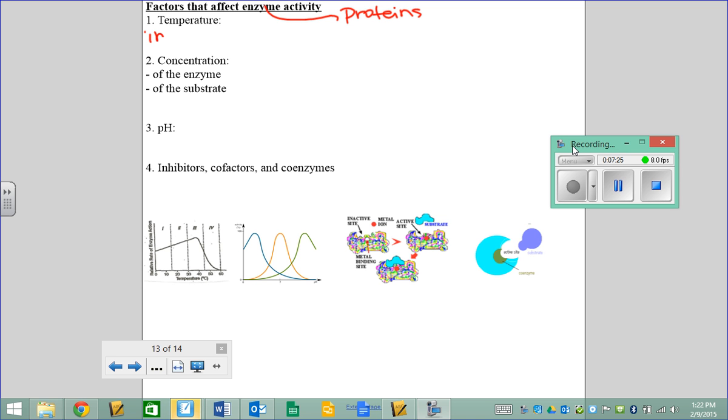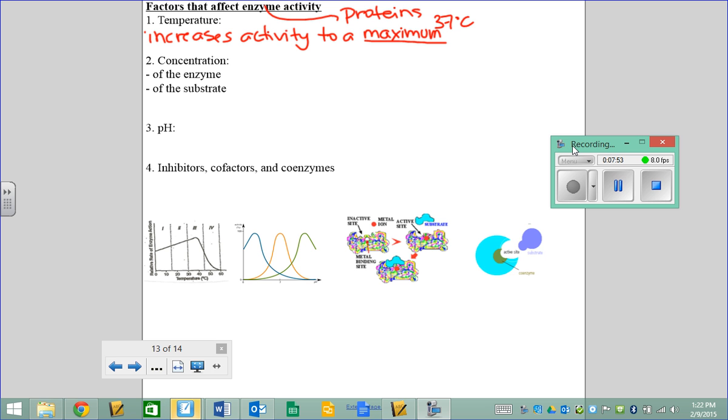Temperature increases activity to a maximum. Now, I can't give you a specific number because not every enzyme functions the same way. But I will mention, for example, that your body should be in the neighborhood of 37 degrees Celsius.